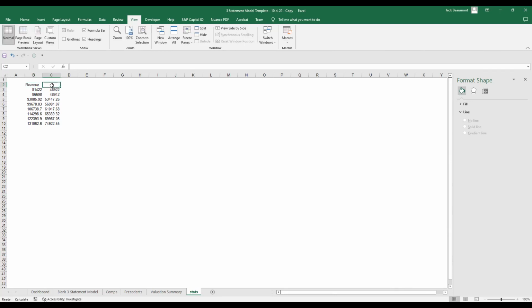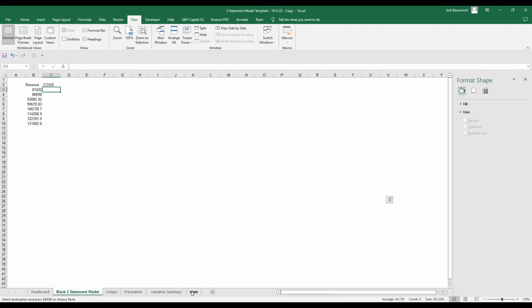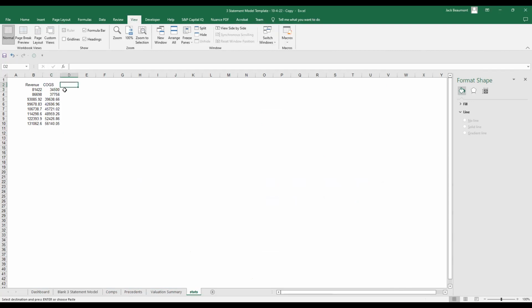This was gross profit. Actually, I don't want to do gross profit. I wanted to do cost of goods sold. My bad. So let's copy that. Okay, cool. Cost of goods sold.